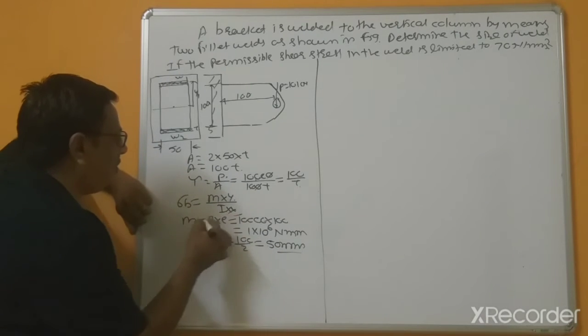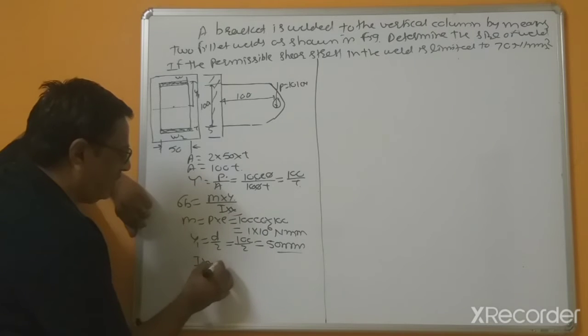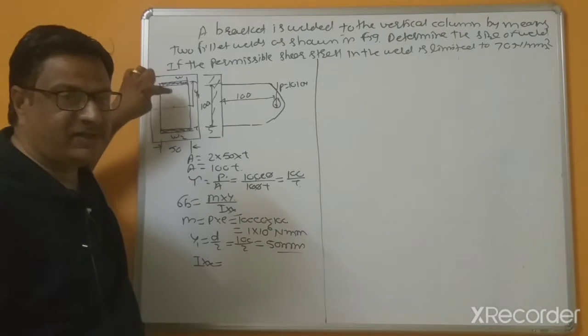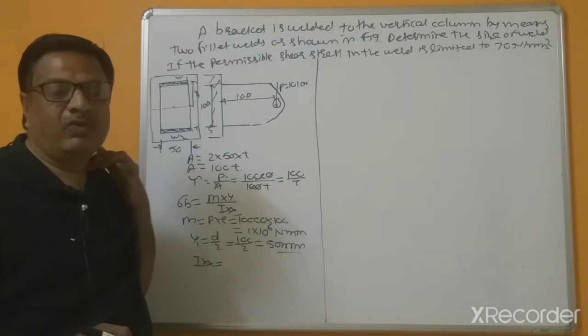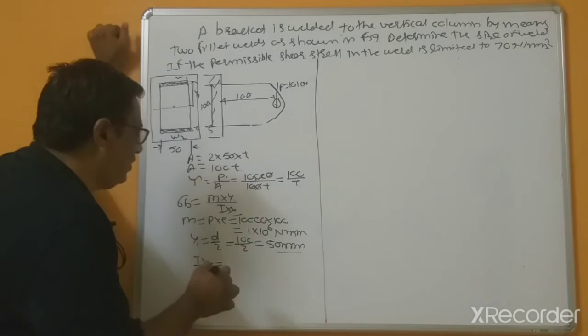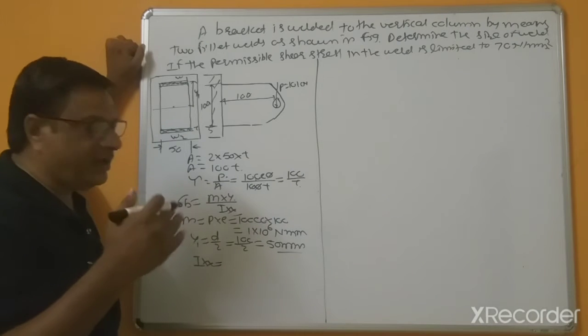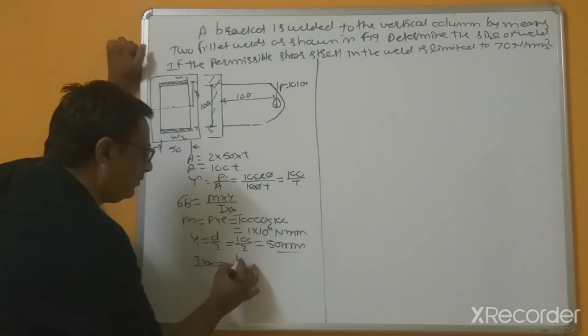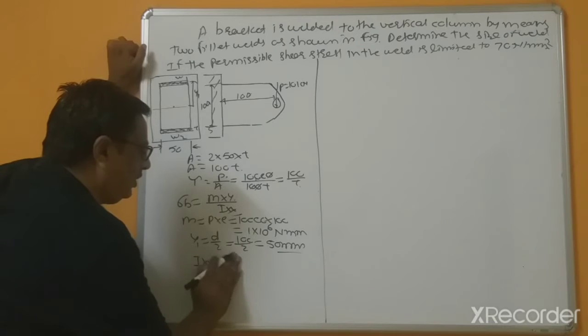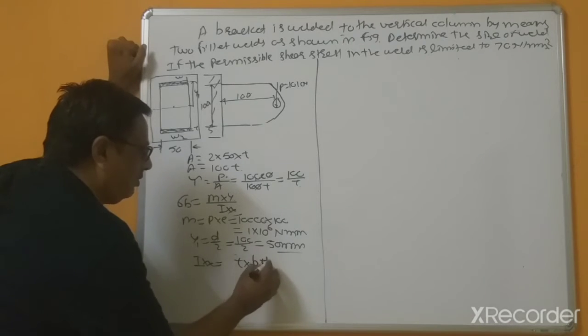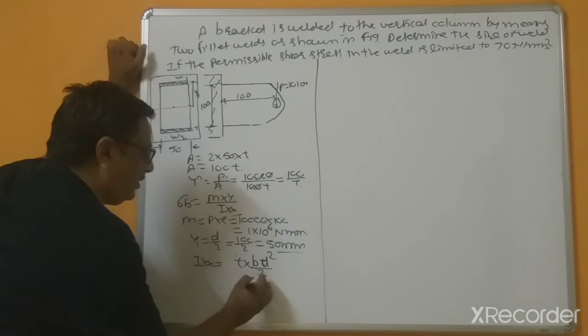Now the moment of inertia about the x axis. Because this weld is away from the axis, we have to use the parallel axis theorem. By using the parallel axis theorem, we already calculated, by neglecting the first term, T into BD squared divided by 2.